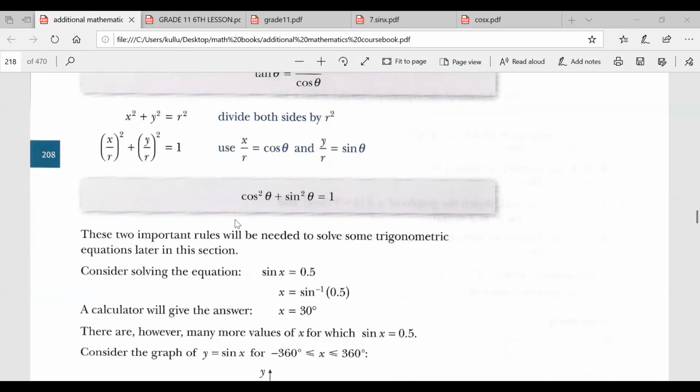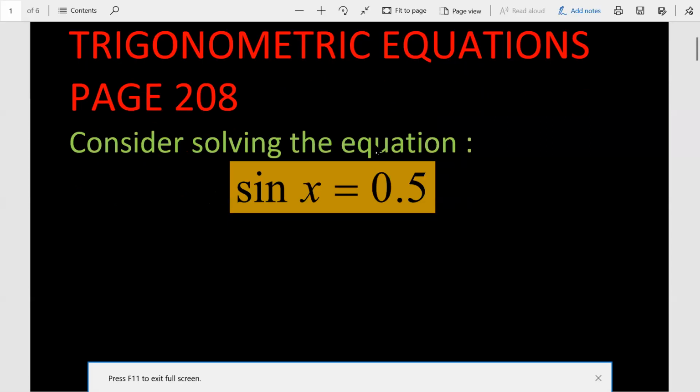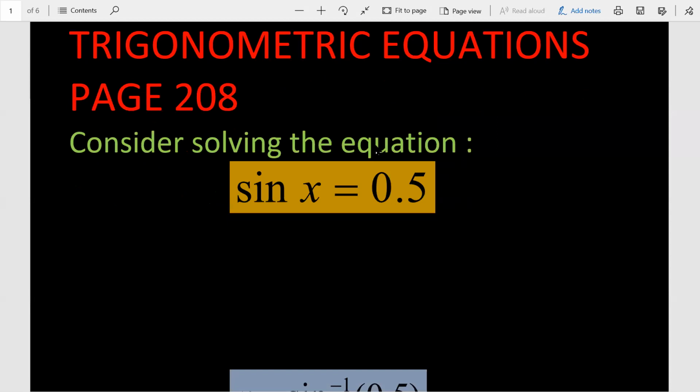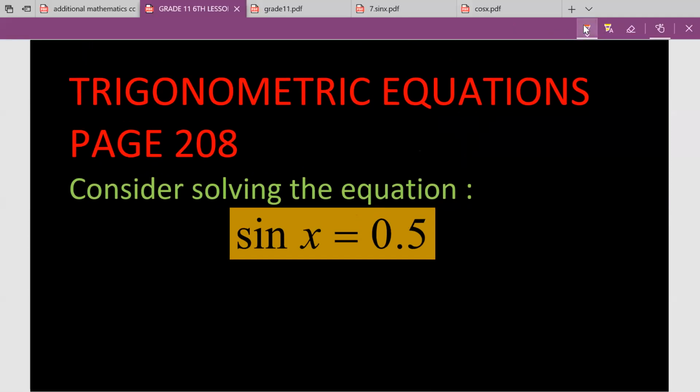To solve the equation, first, let's start with sine x equals 0.5 from page 208. When you consider the equation sine x equals 0.5, how do we find the value of angle?